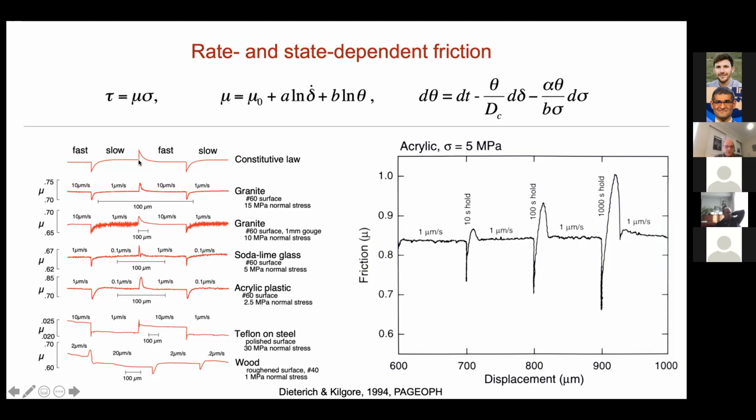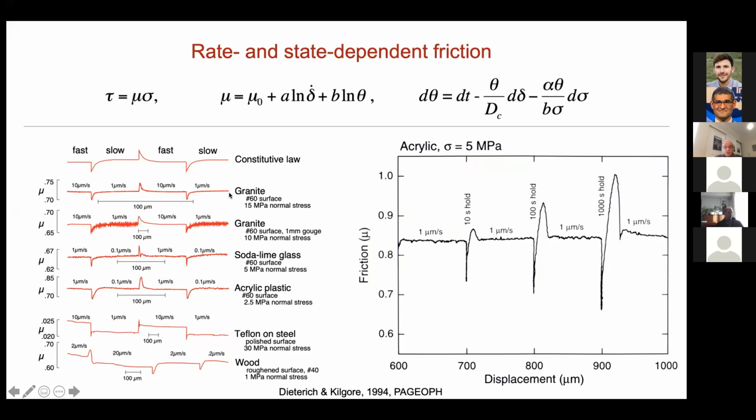These jumps in strength are due to this term here, this direct sliding rate dependence. And then this evolution of friction with time is given by this evolution law here. And as you see, these rate and state effects are characteristic of a surprisingly wide range of materials, not just rocks, but glass, plastic, this is Teflon and steel, even blocks of plywood sliding against each other.